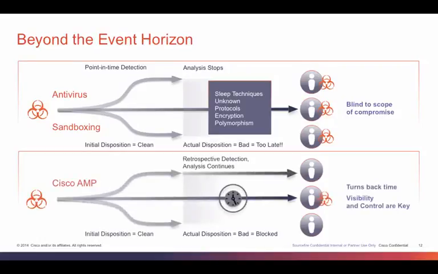By providing continuous analysis, we're able to track a file as it comes into the environment through its entire life cycle, as a matter of fact, through its lineage. If it downloads other files, or if it's got a timestamp on it that it's not going to activate until 24 hours later, for example, we can also go back in time to retrospectively change the disposition of that file.